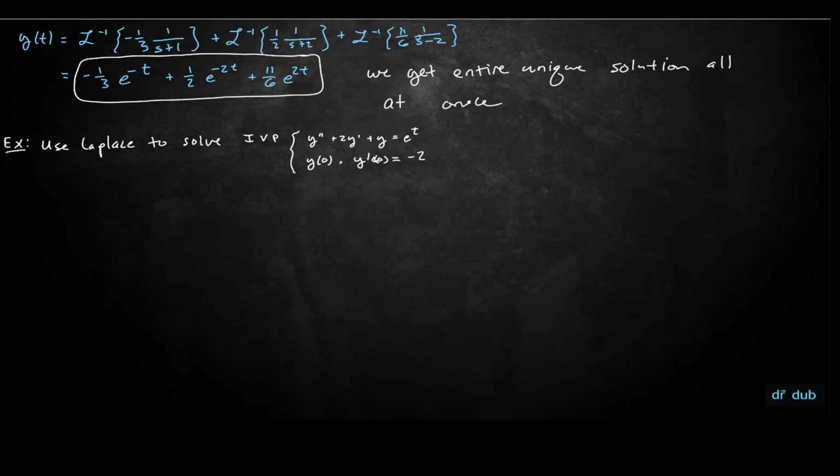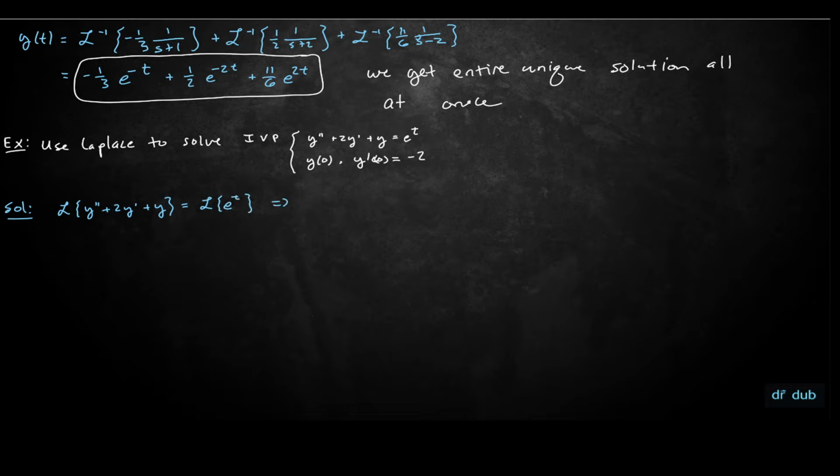Right, so the solution process is the same. We just take Laplace of both sides. Hopefully it's starting to get to be a little natural. So Laplace of y double prime plus 2y prime plus y equals Laplace of e to the t.